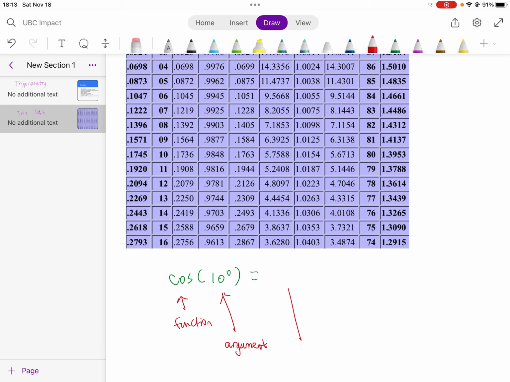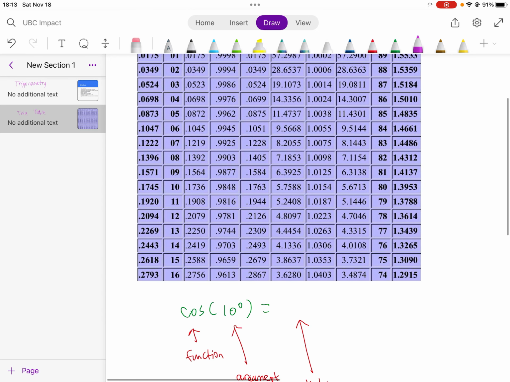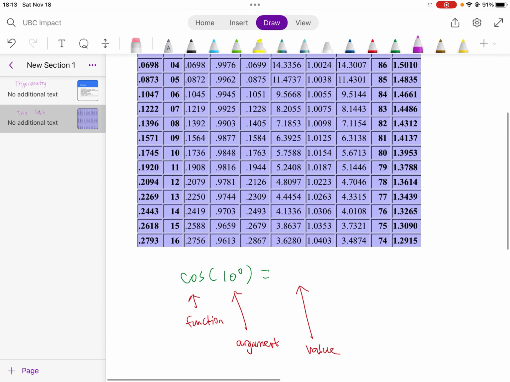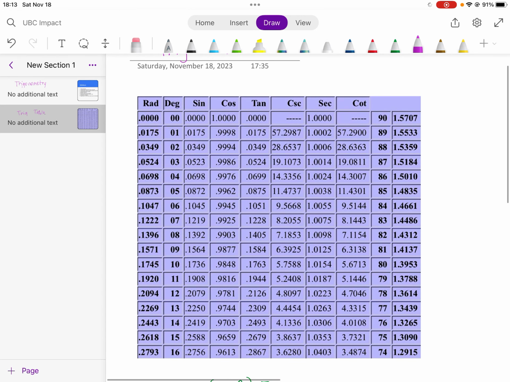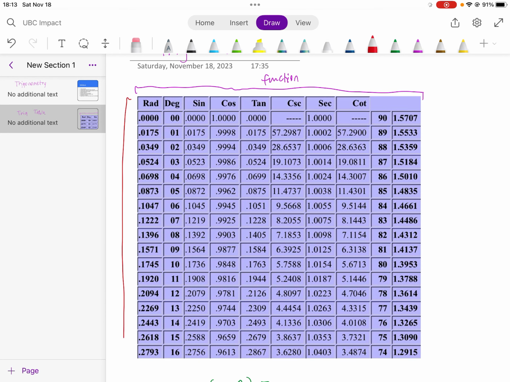And so on the other side, this is the value, but we don't have a value. So we can use a table like this. So first, we need to find the function, which is up here in the row. So this here, that's the function. And then this here, on the column, this is the argument. Let's bring everything to the right.